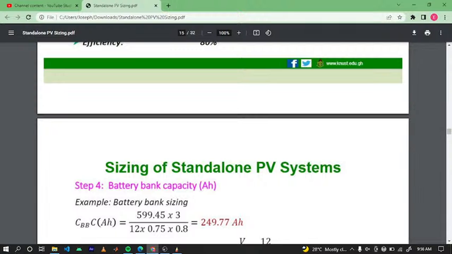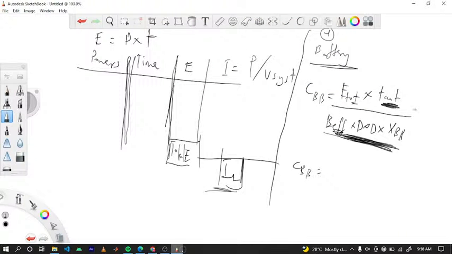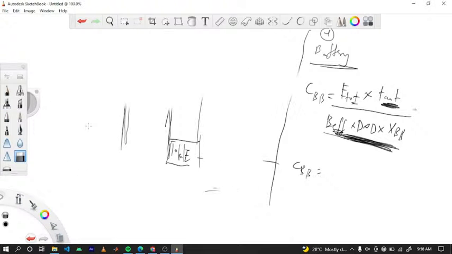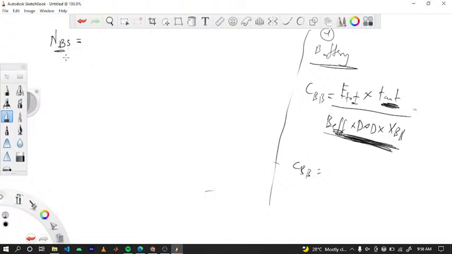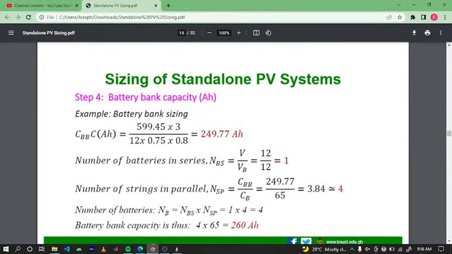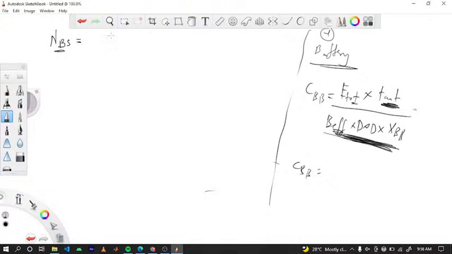And now, how can we connect the batteries to achieve this capacity? First, you find the number of batteries in a string, NBS. The number of batteries in a string is given by the system voltage over the battery voltage.